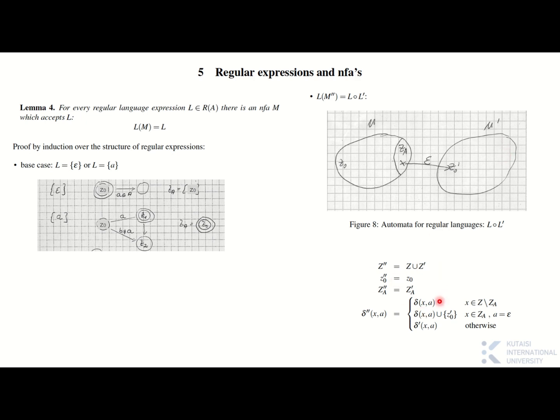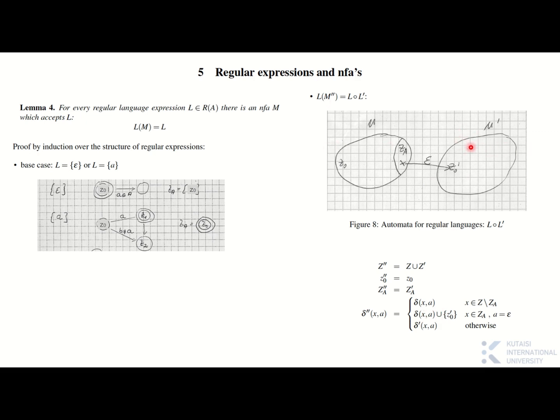This is what is written here mathematically. The states are the states of the first machine and the states of the second machine. Then you say what the transition function is. On this half, it's the same as the first machine. On this half, it's the same as the second machine. And here you make the epsilon jumps: if a is epsilon, you can jump from the first to the second one.